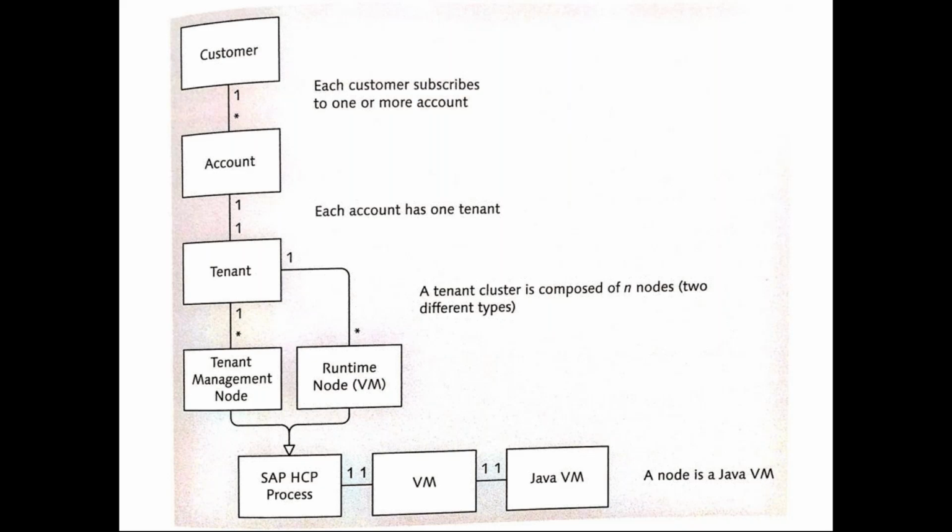The SAP cloud platform that they're offering as a service provides a development environment in the cloud that enables customers to develop, configure, deploy and manage applications. So the CPI is designed as a virtualized and clustered integration platform in the cloud.